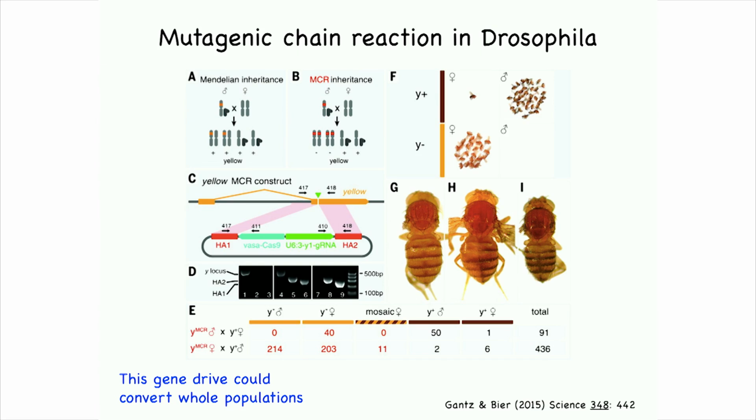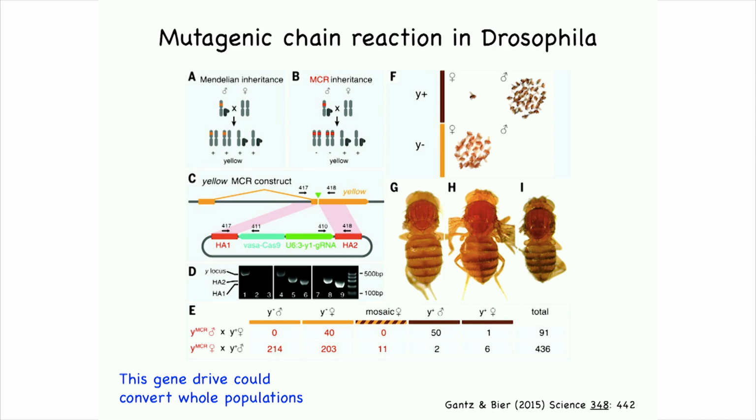With this mutagenic chain reaction, the male gives the X chromosome to his female progeny, but they all get converted by this chain reaction.